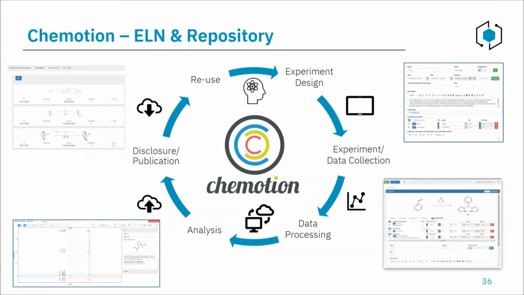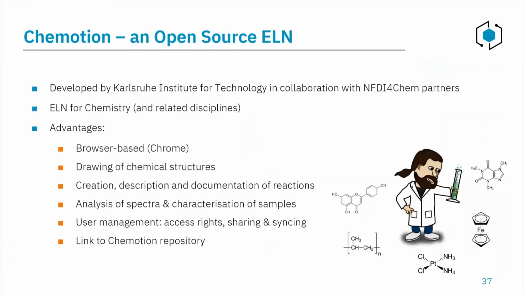We briefly mentioned the ELN Chemotion earlier on. Chemotion is not just an ELN, but it's also linked to the Chemotion repository. It is a solution which covers the whole research data lifecycle, and its main focus is the implementation of FAIR standards. It is continuously developed and maintained by people within NFDI4Chem.